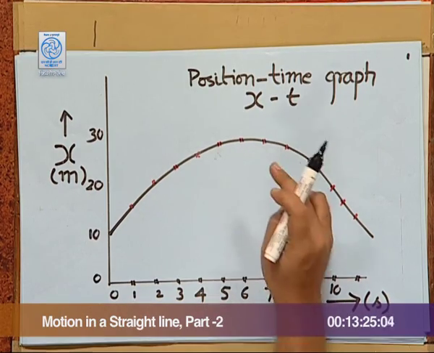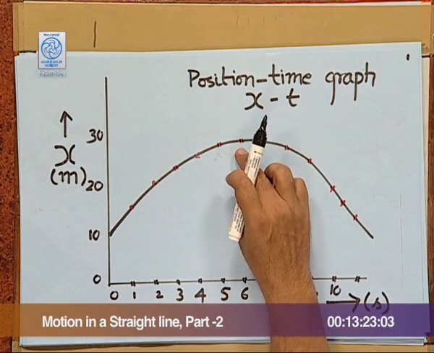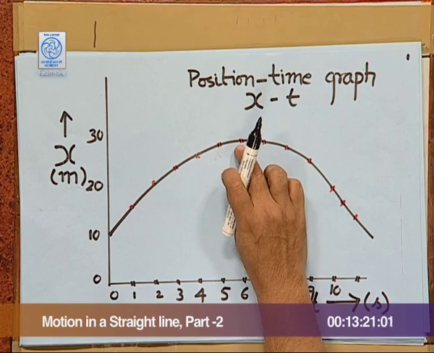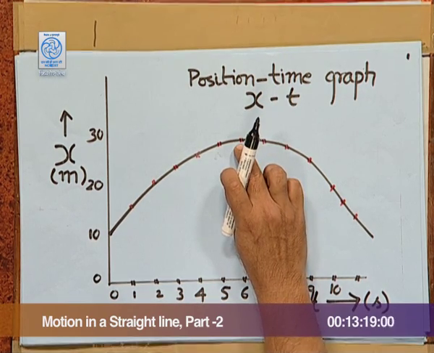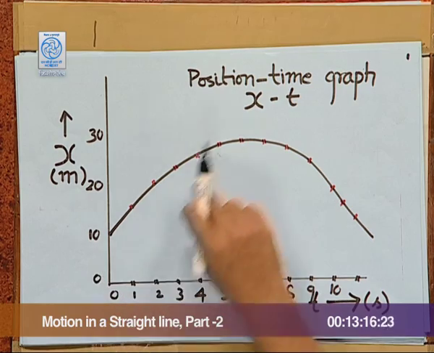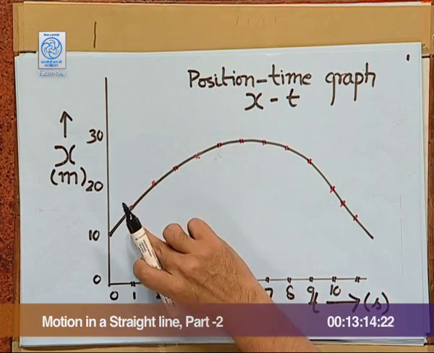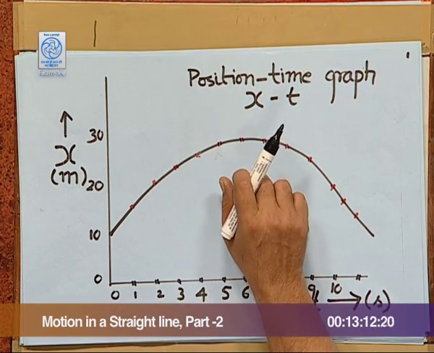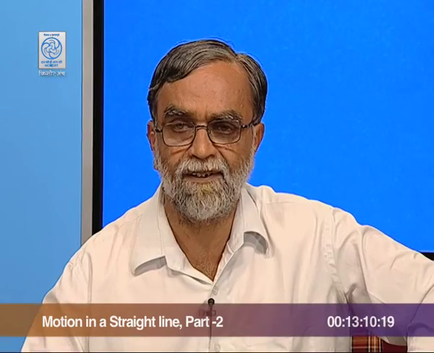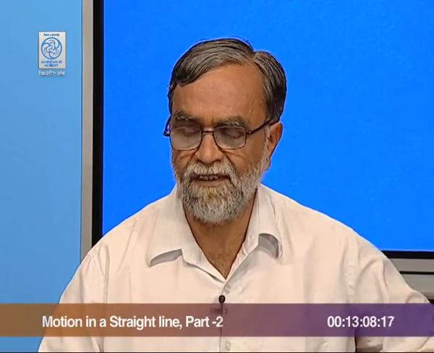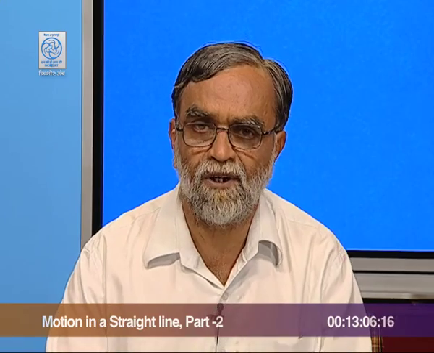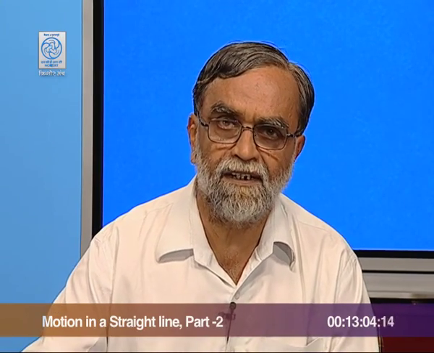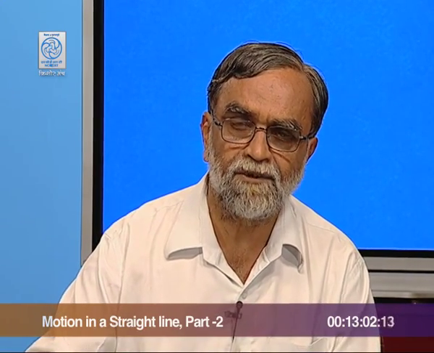Now, at t equal to 6 seconds, the position is 28. From 0 to 6 seconds, the position goes on increasing. Afterwards, what is happening? The position is decreasing. What does it mean? It means, if you look at the x coordinate, it is moving along a straight line and it is coming back towards the origin.